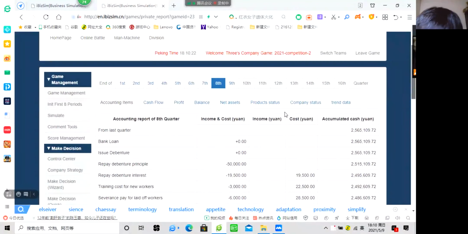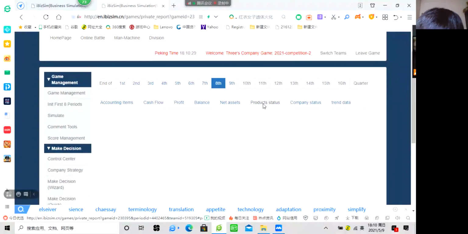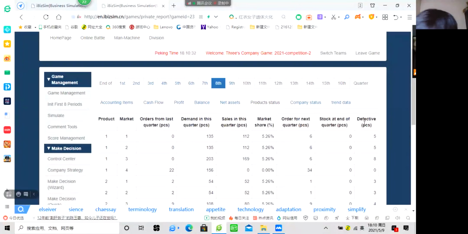First, we should look at what's going on in our side. We can see our products. That's defective, that means bad. 5% bad products. That means product status.